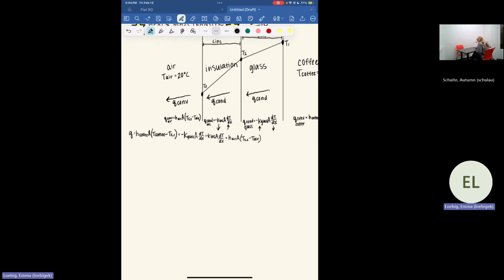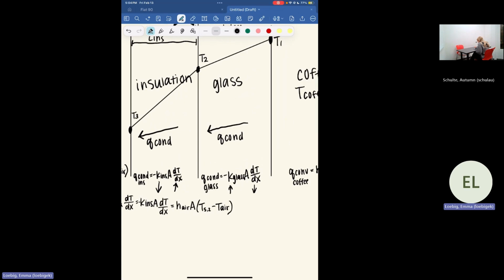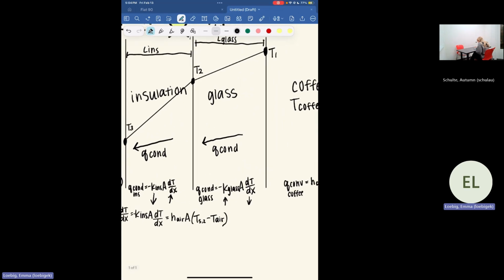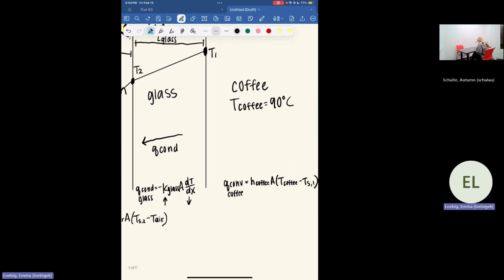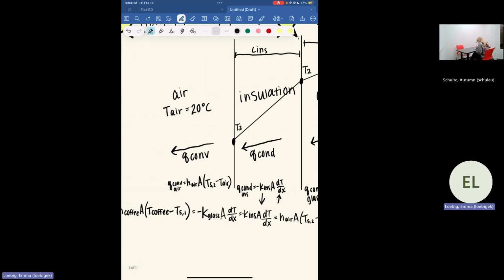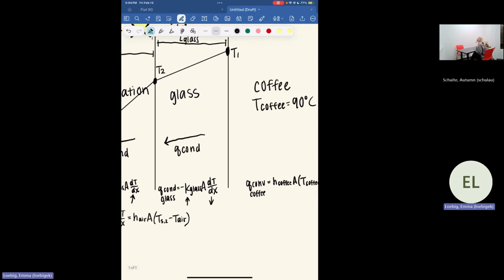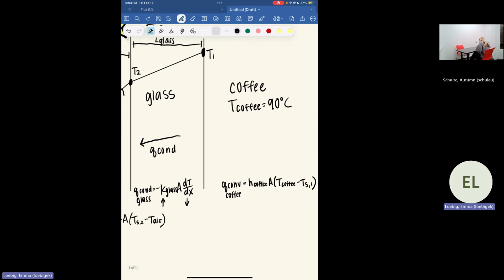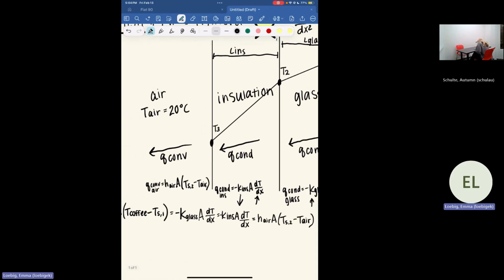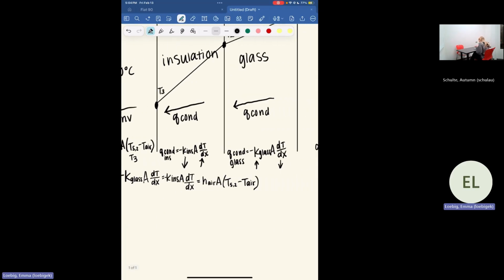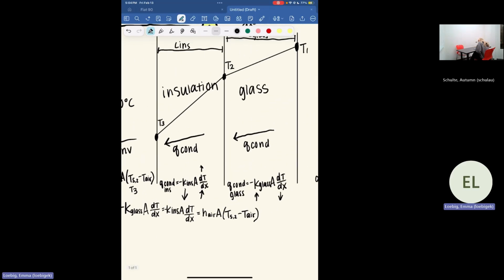Now we already talked about how we can put values to these surfaces. So instead of just calling this surface 1 and this surface 2, we can now say that this is T1 and this is T3. We also said that these slopes right here are going to be equal to the temperature difference over the length.